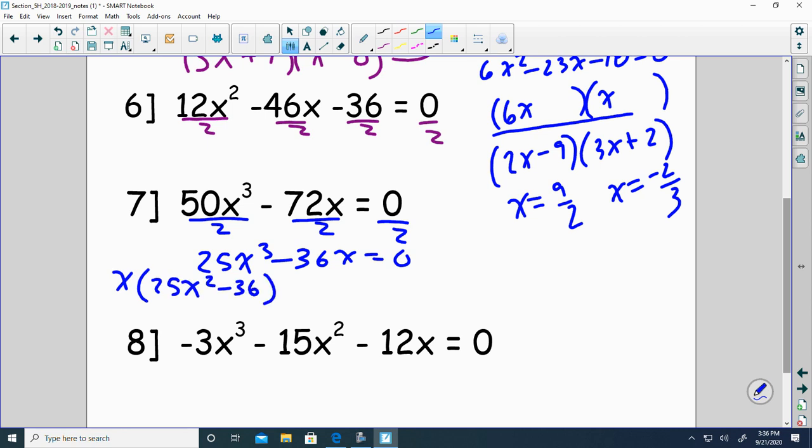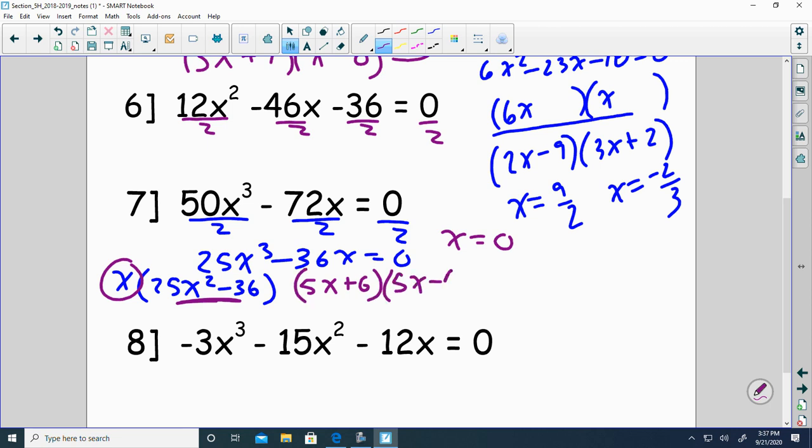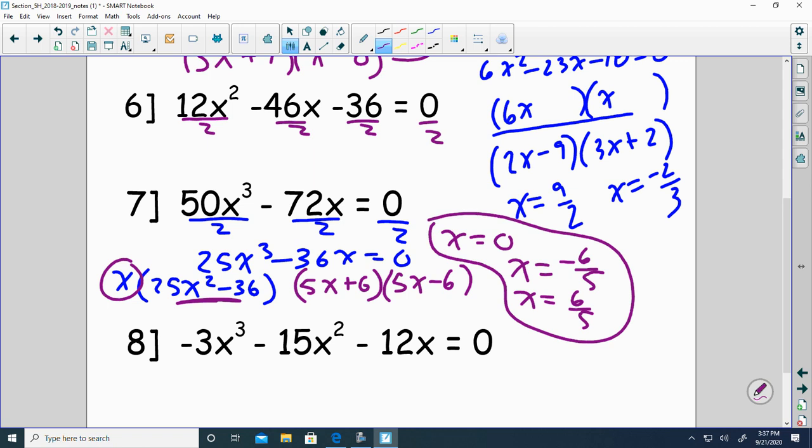So one of my answers here is x equals 0. But this factors to 5x plus 6 and 5x minus 6. So then I also wind up with x equals negative 6 divided by 5, and then positive 6 divided by 5. So those are my 3 solutions. The reason there's 3 solutions is because that's raised to the third power.